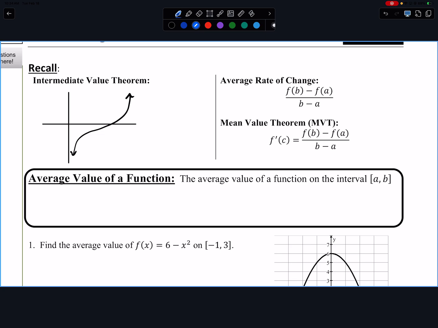I'm going to call this point on the x-axis A, which means right here on the curve, this point would be f of A. I'm going to call this point on the x-axis B, and that corresponds to this point on the curve, which is f of B.